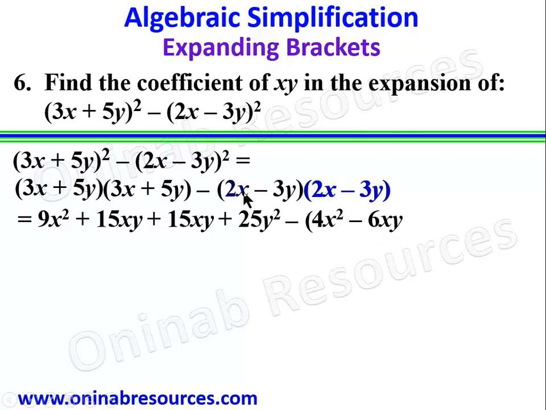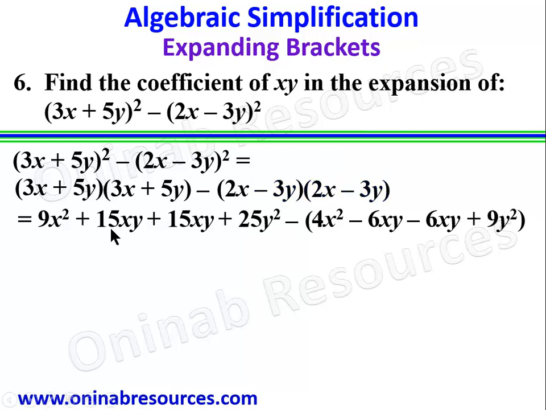So we are done with 2x. We pick negative 3y. Negative 3y multiplied by 2x gives negative 6xy. Negative 3y multiplied by negative 3y will give positive 9y squared.